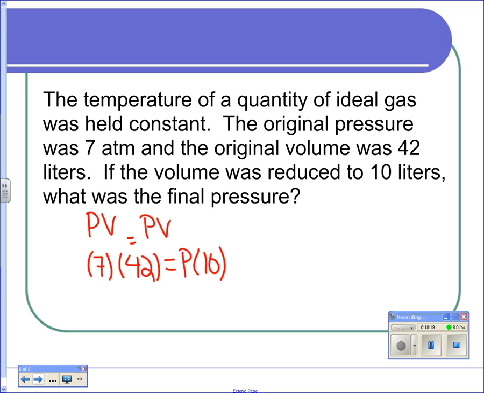Okay, what would that be? Yeah, the answer is 29. You agree? And so what is your pressure? And yes, atmospheres.